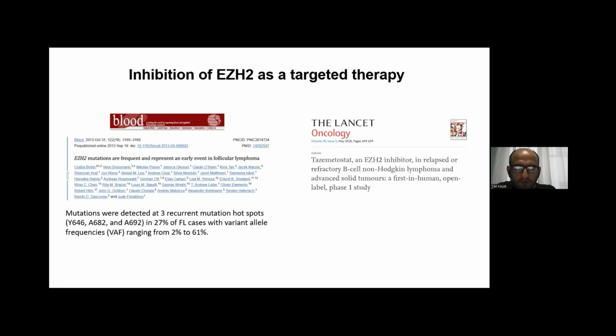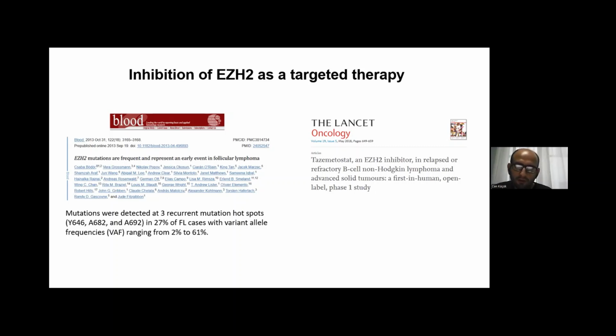EZH2 is especially important because it was already shown before that these mutations are frequent and represent an early event in follicular lymphoma, and it was also identified that 27% of the FL cases have mutations in either 646 or other hotspot points.